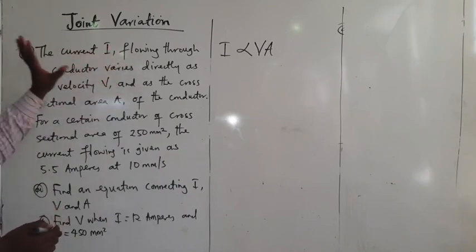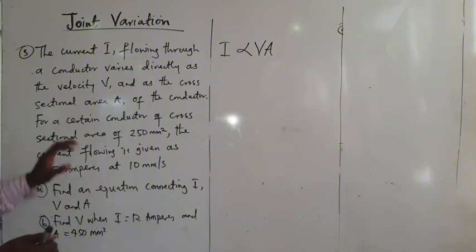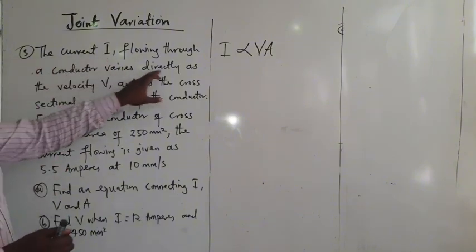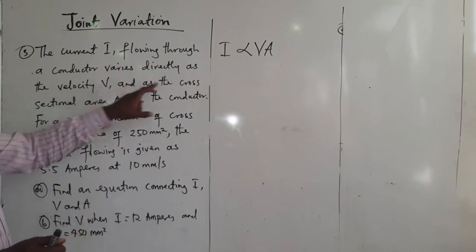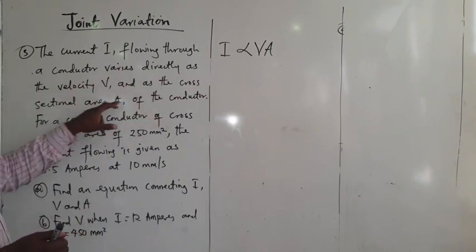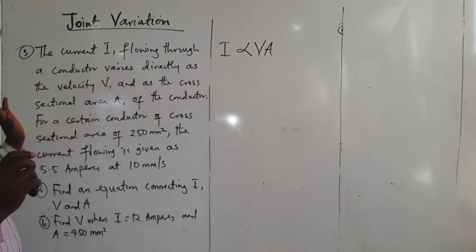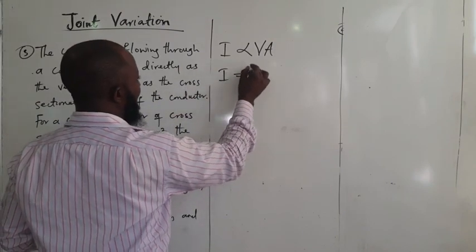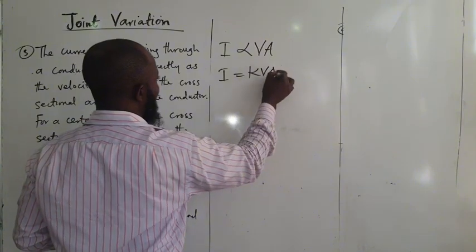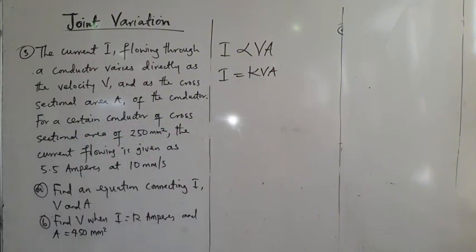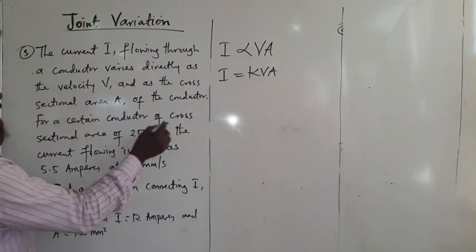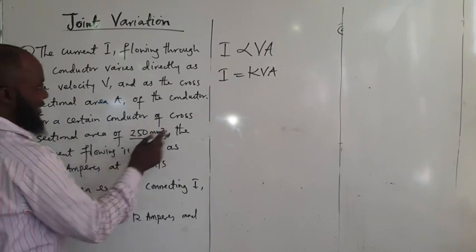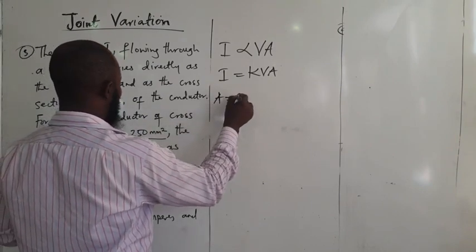Just pick the most important aspect of the question. The current I, they're saying I varies directly as V and directly as what? A. That's what it means. So from here we can interpret this to be I equals KVA.